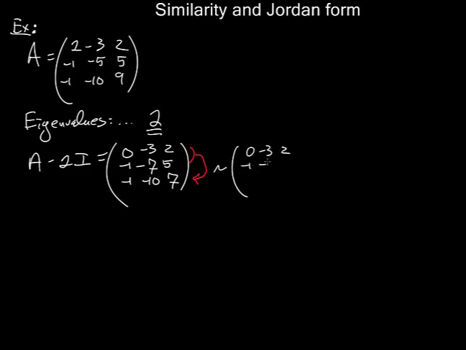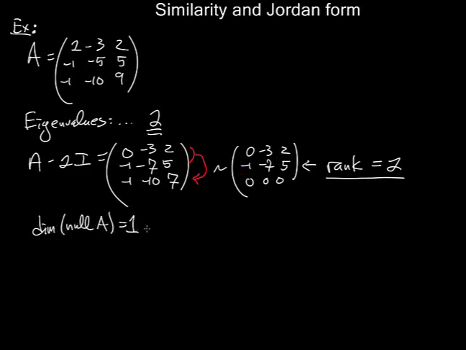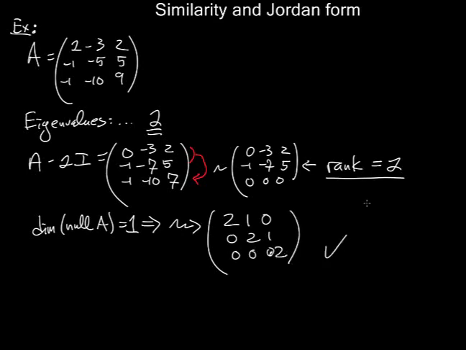The sum of the first two is the third, so you can do that to eliminate the third. And now clearly the first two are linearly independent. This has rank 2. And presto, you know that the dimension of the null space is 1. And without doing any further computation, the Jordan form must be this. Okay, very good. We'll see you next time.